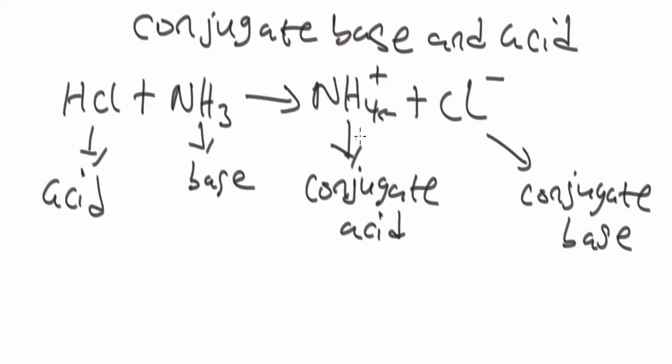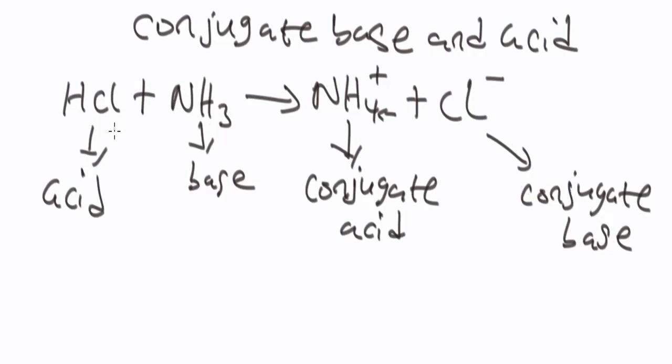Whereas this is the conjugate acid, in this conjugate base, this acid that reacted with this ammonia lost this hydrogen ion and formed only this new anion, this chloride ion. Alright, so this is the conjugate base.